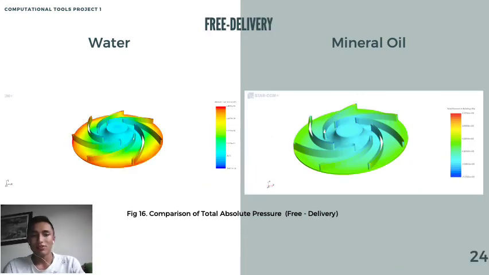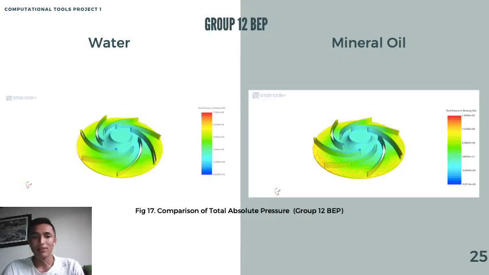In the total pressure of water and mineral oil in the free delivery, we can conclude that there is also no cavitation because the pressures obtained are lower than the vapor pressure in the case of water and oil. The BEP of the group is the same case: there is no cavitation because the total pressures of water and mineral oil are lower than the vapor pressure.